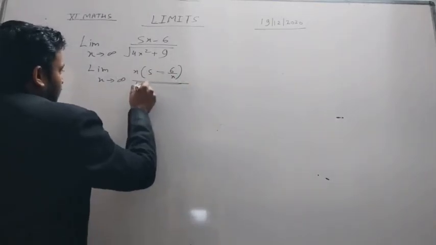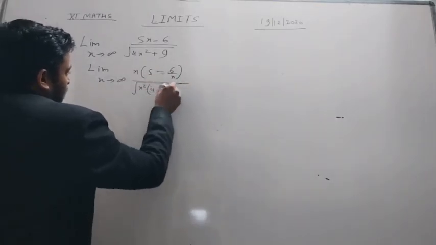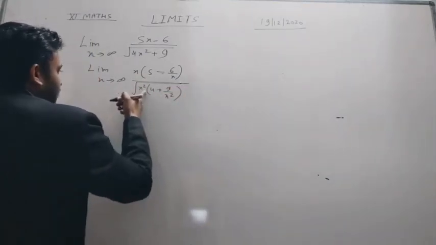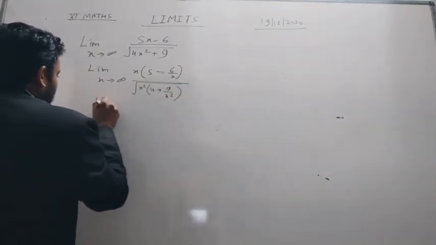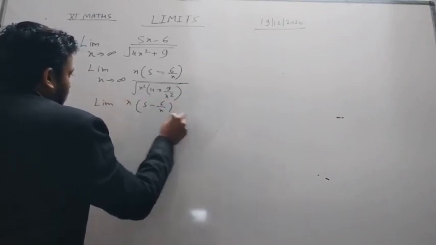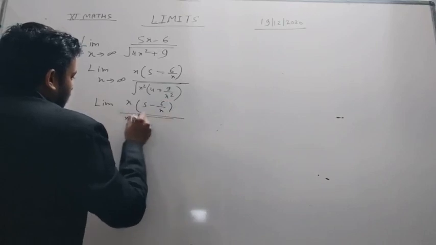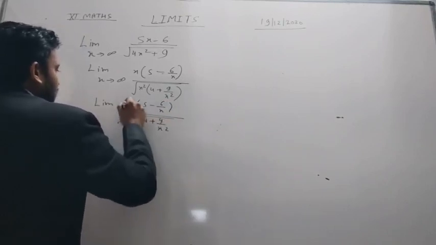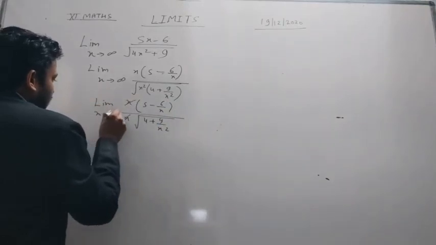We take x square outside, we get 4 plus 9 by x square, and taking this x square outside the root, we get 5 minus 6 by x, and this x will be outside, so 4 plus 9 by x square. This x and x will cancel from here.